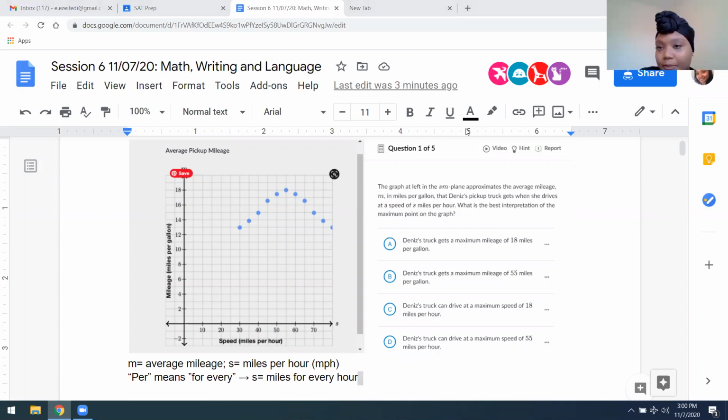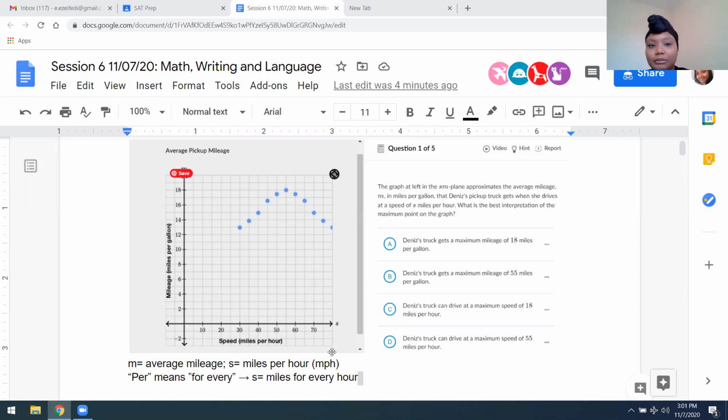Did someone want to say something? Thought I heard somebody unmute themselves. Okay, so the mileage increases to a certain point and then it decreases as the speed increases. So at what point does it start to decrease?